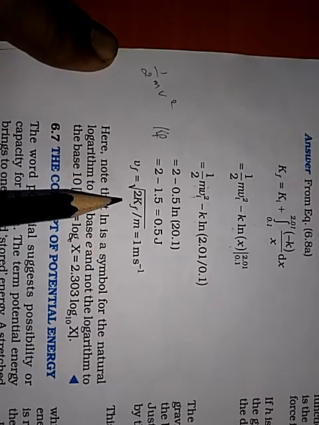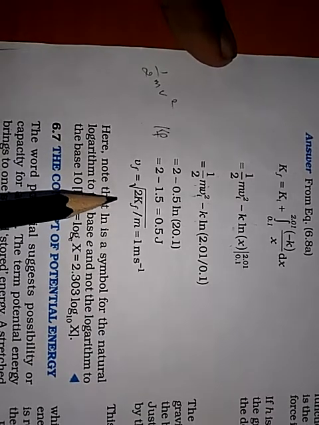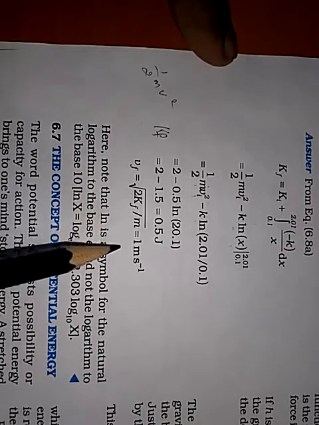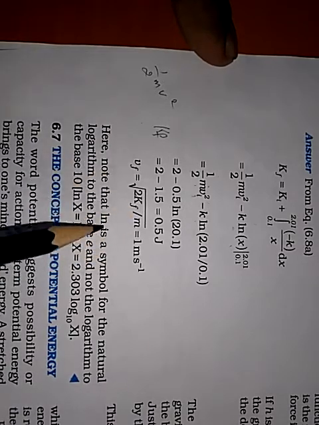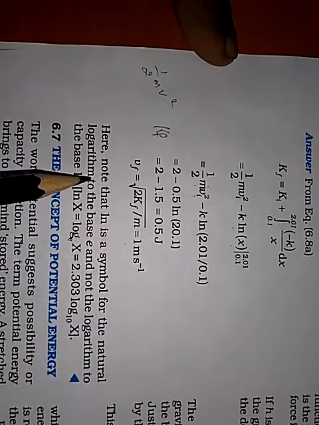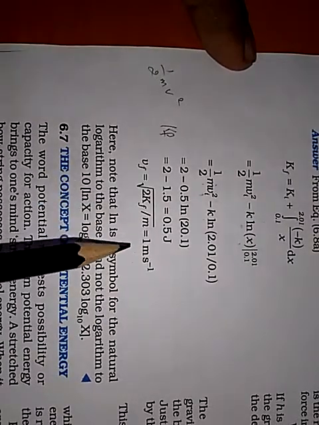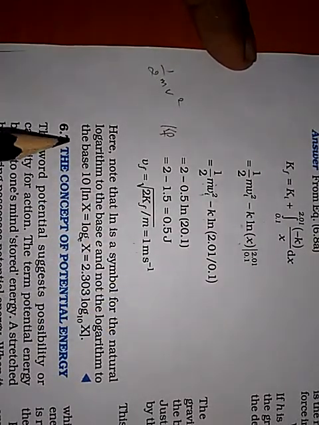So you have the final kinetic energy, you substitute. Mass also is given, you substitute the value, and after substituting you will get the answer as 1 meter per second. That is, the final velocity is 1 meter per second.